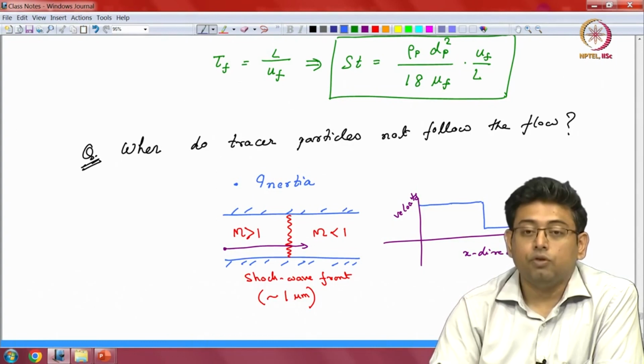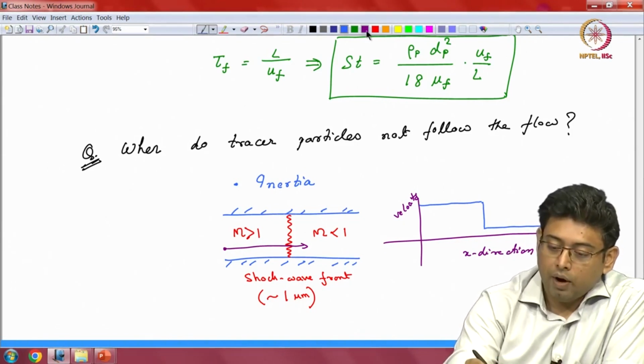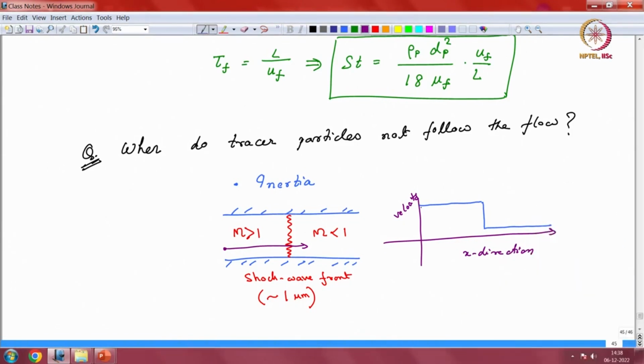Now, a particle has to follow this, but the particle's inertia is going to make it a bit difficult to follow. If it is a good tracer particle, it will be able to follow the flow field on this side, but when it comes to this sharp change, it will not be able to accelerate fast enough, and instead will have a smoother transition into the other side velocity.